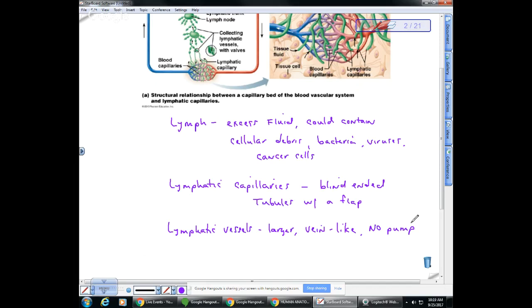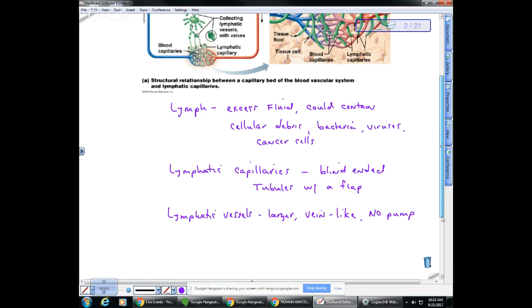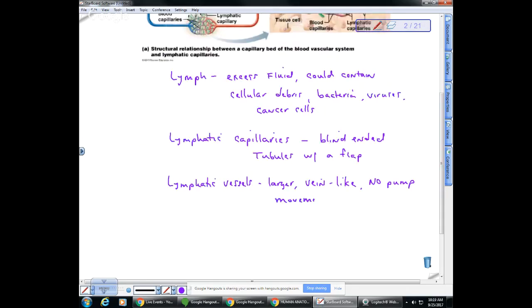You can massage the lymphatic vessels and move that lymph back up to the heart. So there's no pump; movement and skeletal muscle help to move the lymph.